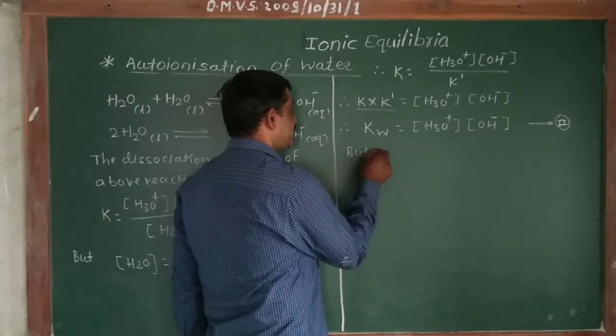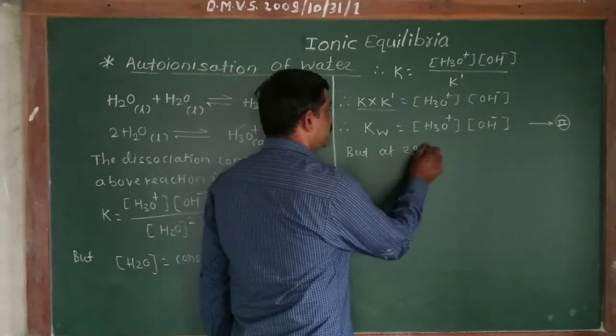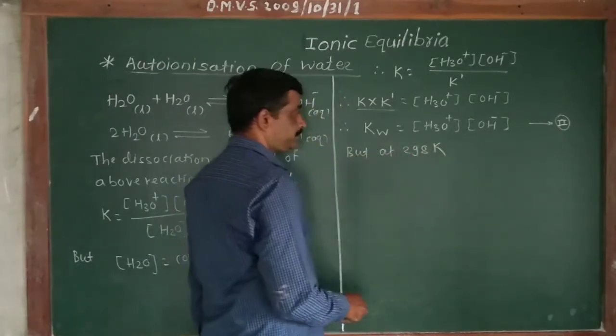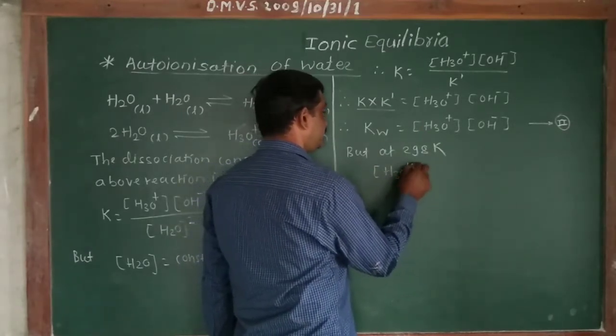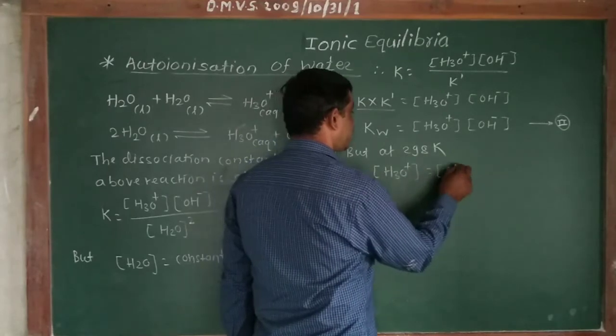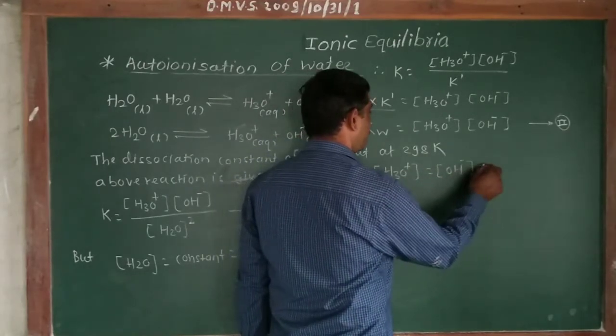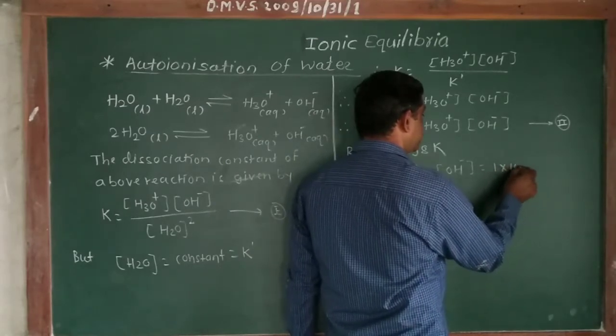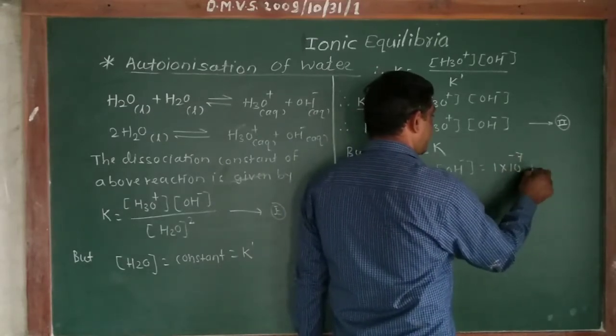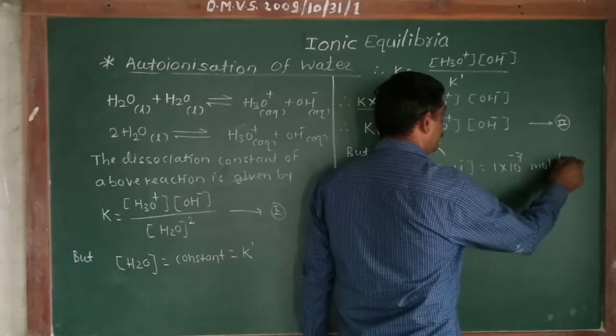But when you consider temperature 298 Kelvin, the concentration of hydronium ion is exactly equal to the concentration of OH minus ions, and that is equal to 1 into 10 raised to minus 7 mole per liter.